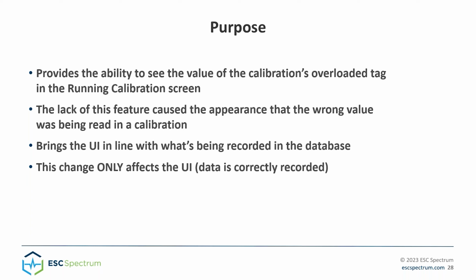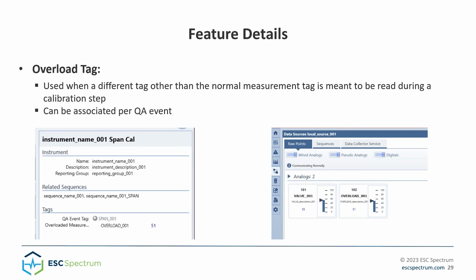It is worth noting that this was a visual problem as far as pass-fail. Everything in the database and as compliance goes, everything was correct beforehand. This was just a visual change.